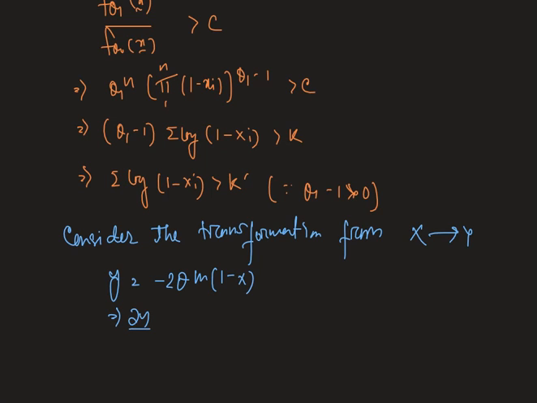Hence del y by del x equals 2 theta divided by (1 minus x). This implies the mod Jacobian, which is nothing but del x by del y, is equal to (1 minus x) divided by 2 theta.